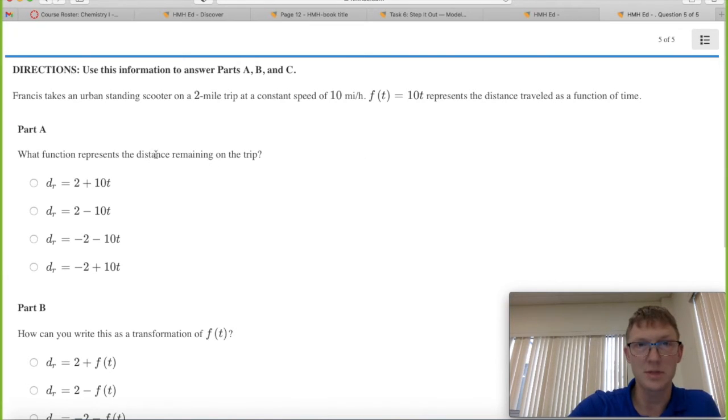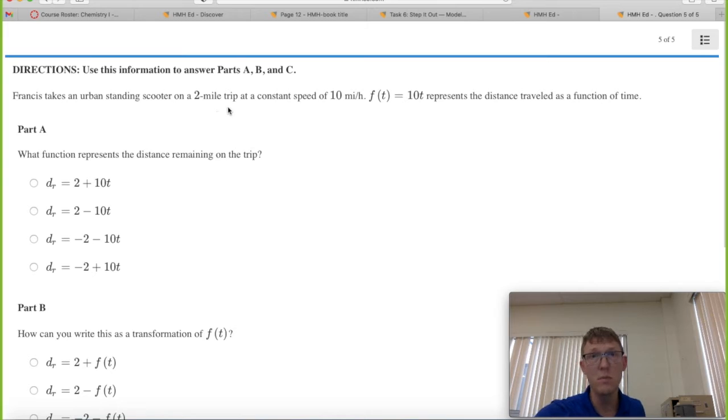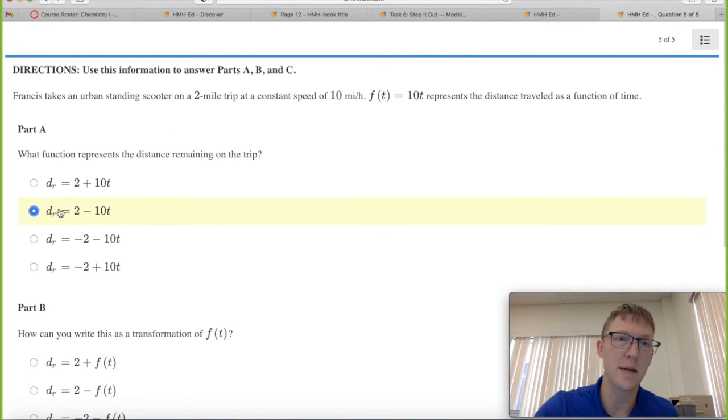What function represents the distance remaining of the trip? So we've got f of t. So it would be 2 miles minus 10t, or f of t. So 2 miles minus 10t.